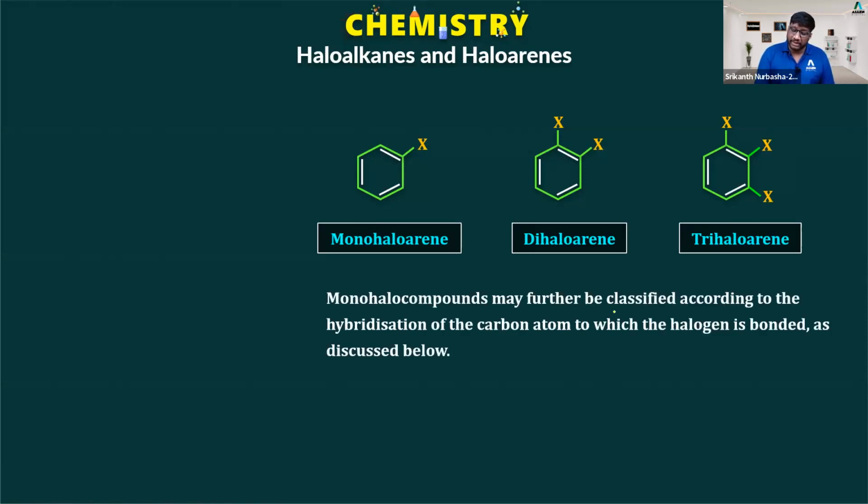Monohalo compounds may be further classified according to the hybridization of the carbon atom to which the halogen atom is attached. Only one halogen is attached, so it is a monohalogenated compound, and the halogen is connected to one carbon. Based on that carbon's hybridization, we again do the classification.